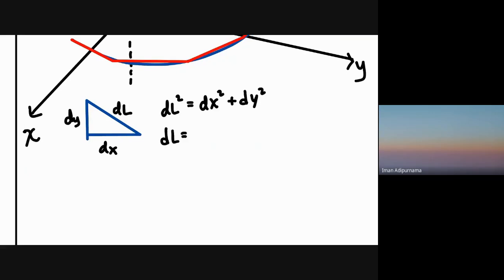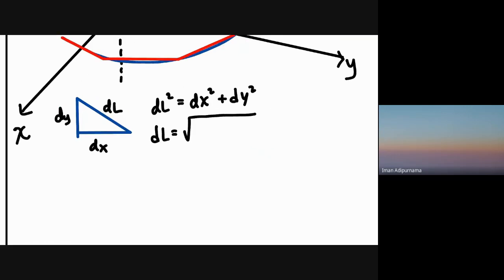So dl will be the square root of dx squared plus dy squared. And you can exchange this based on what you need. You can use divide by dx or divide by dy. It's also fine, right?